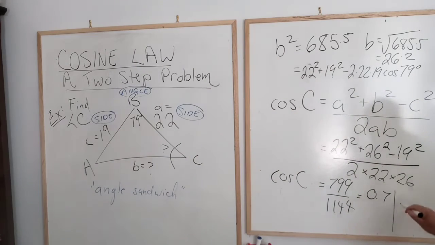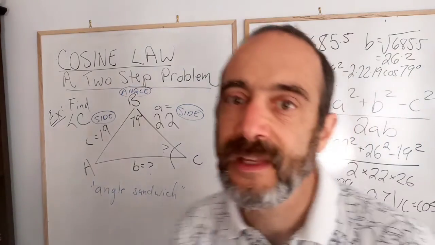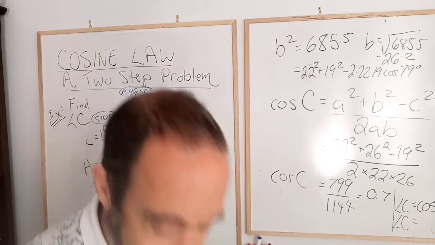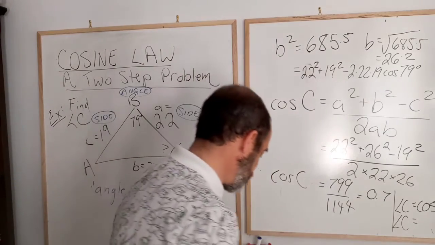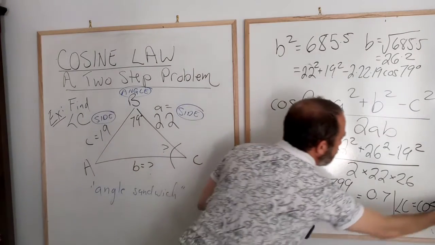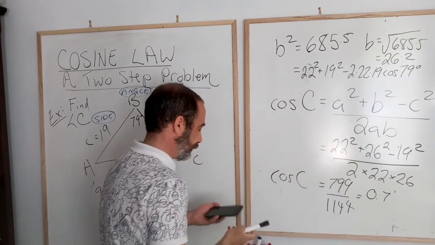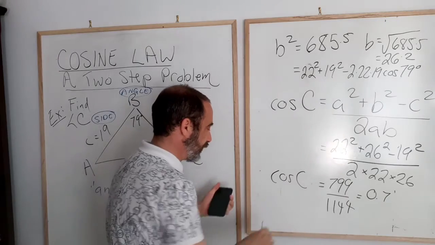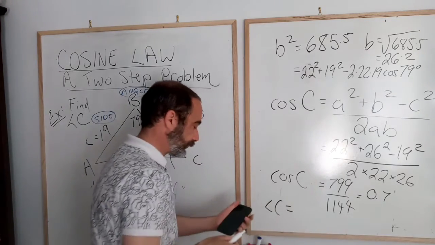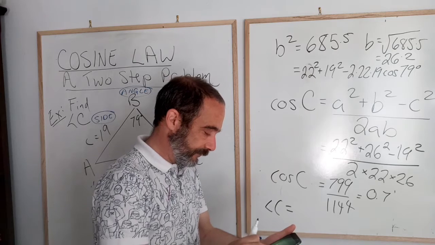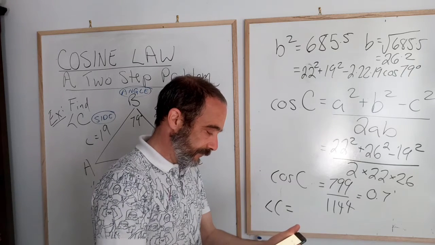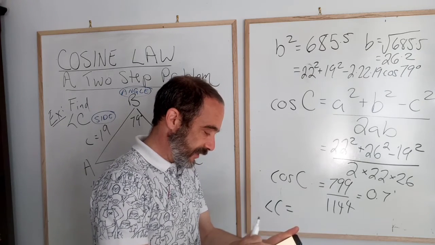So angle C is equal to the inverse cosine of 0.7. So angle C is equal to that second function, the inverse cosine of 0.7.